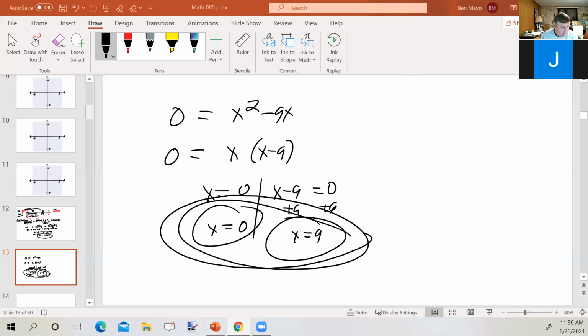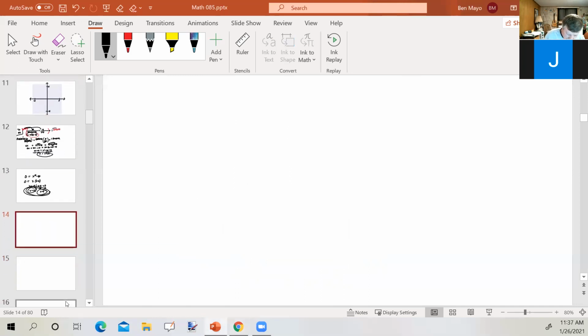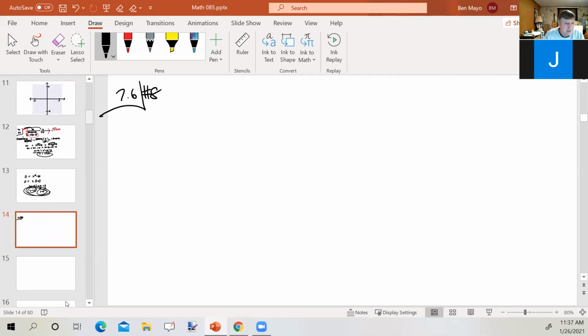Let's see, 7.6. Let's take a look at number 8. Okay, so this is also from 7.6, and this is number 8. It says, solve the equation and check the result.